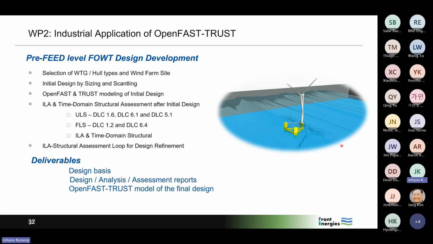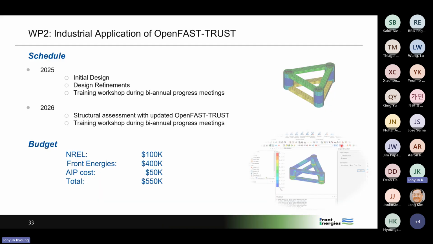We didn't decide who, maybe BV. Maybe ABS too. ABS, yes, or DNV. So we estimated the AIP cost, but this is still an estimation. We'll consult with ABS and BV, and potentially some other classes to clarify this cost.